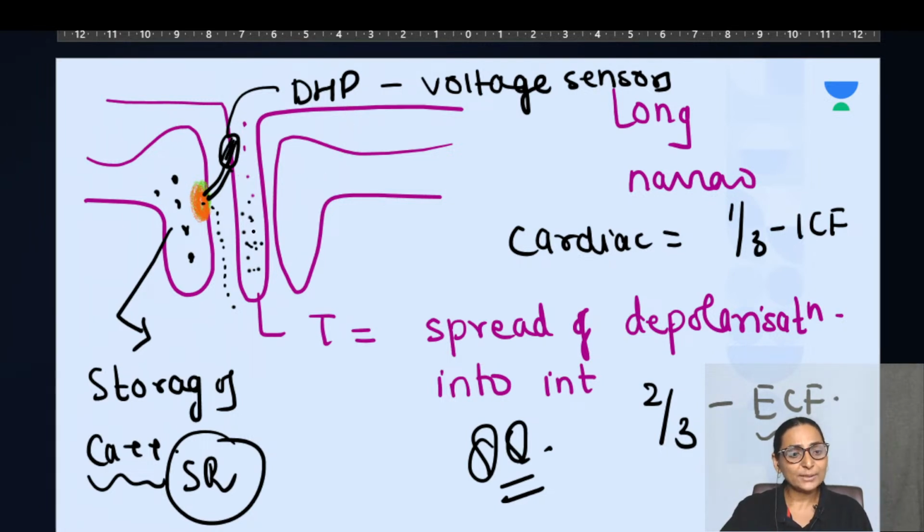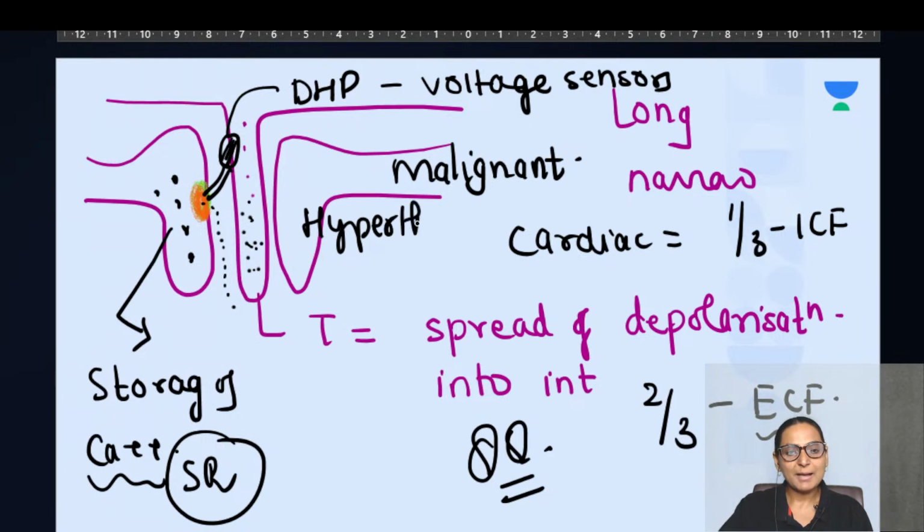Now, one more thing to be remembered, these ryanodine channels can undergo mutation. When they undergo mutation, what the patient develops is called malignant hyperthermia.